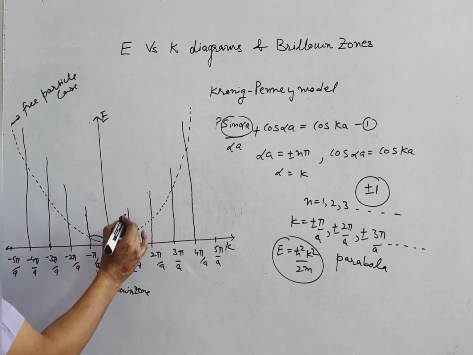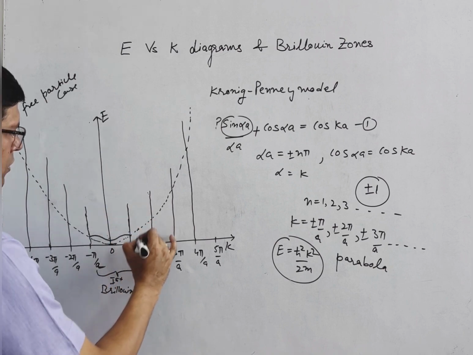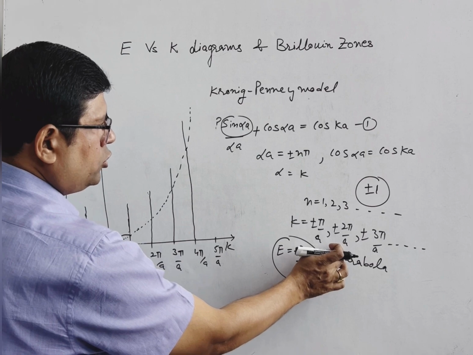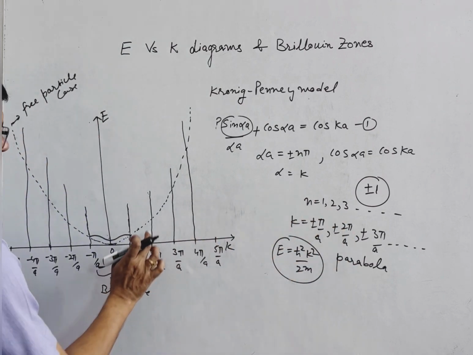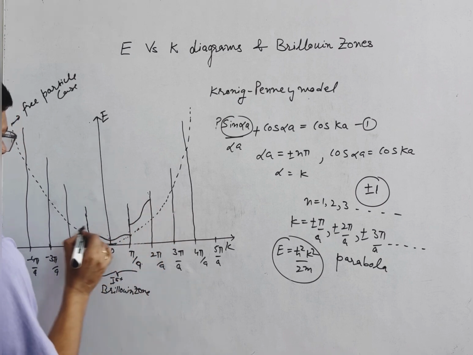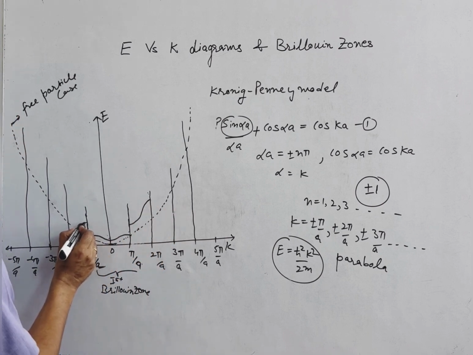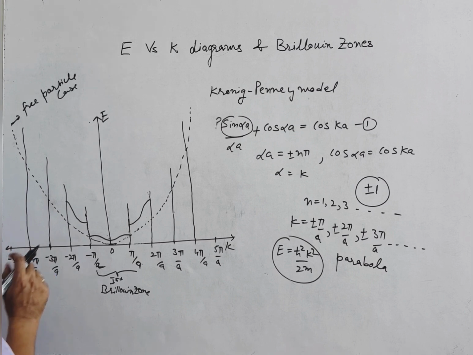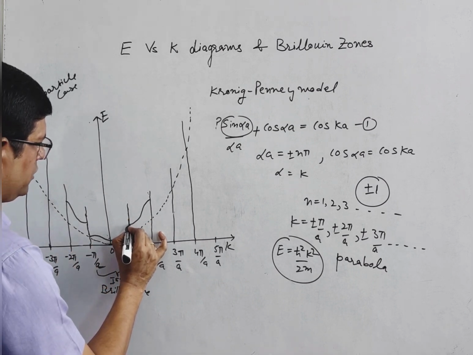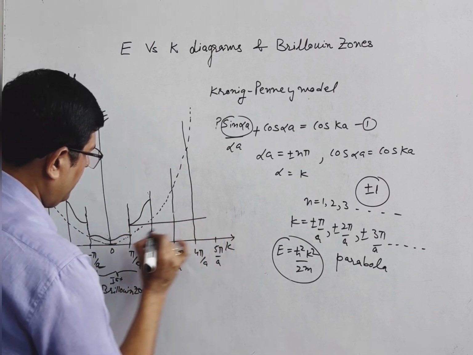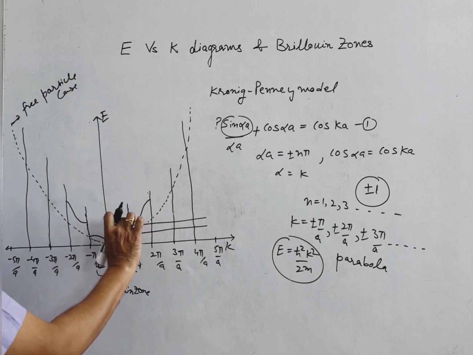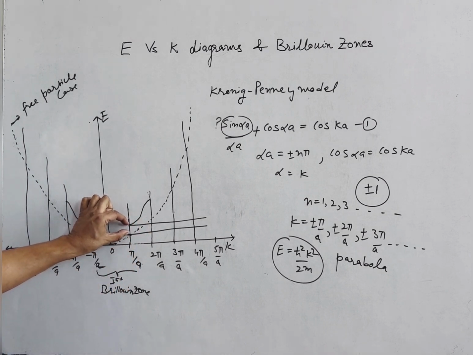Now for the second region, the discontinuity is at ±2π/a. So you can show it like this. For this region there is a discontinuity.